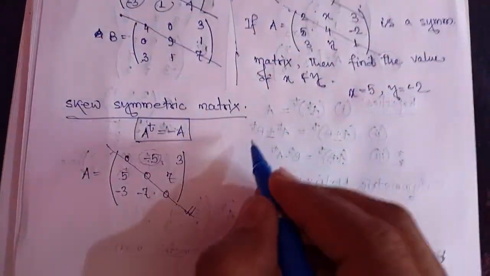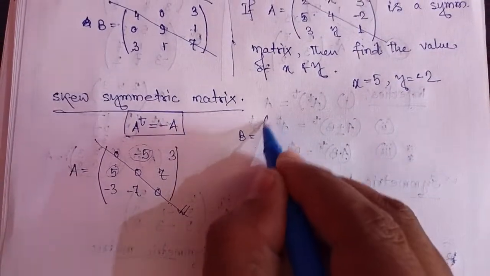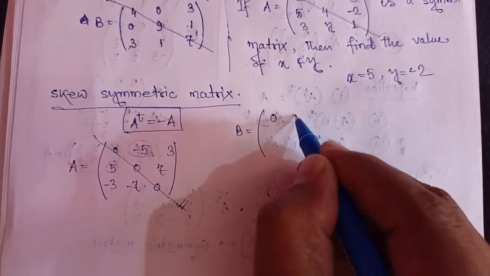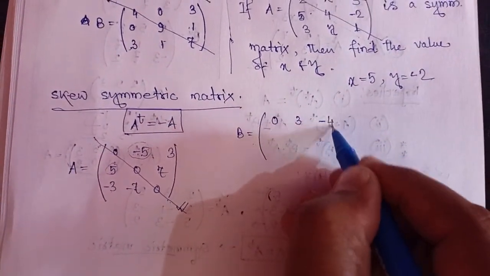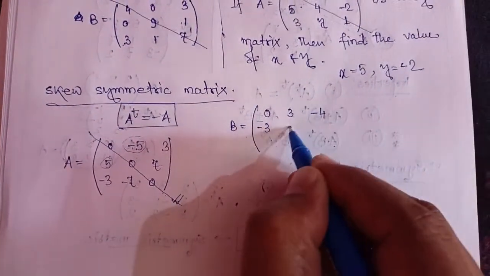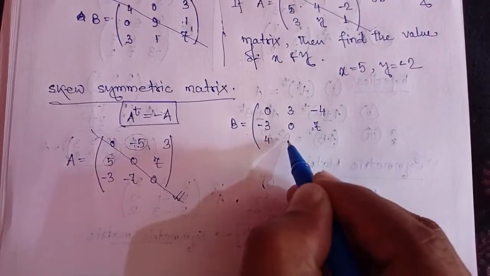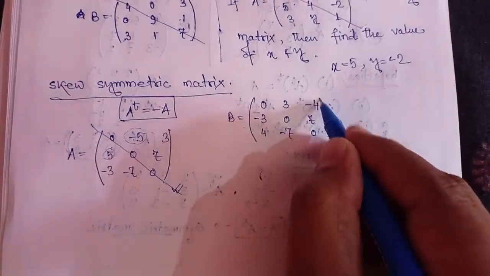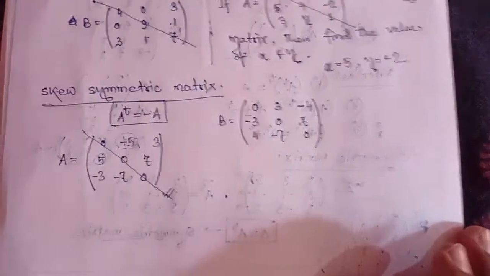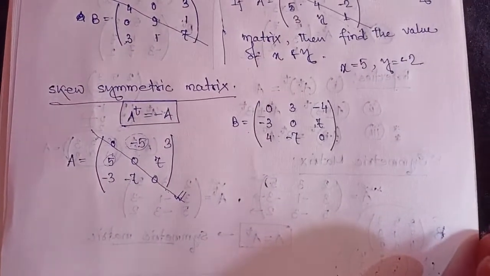Okay, let's check one more matrix. I am giving B equals 0, 3, -4, -3, 0, 7, 4, -7, 0. Now tell me whether the matrix B is skew-symmetric or not.